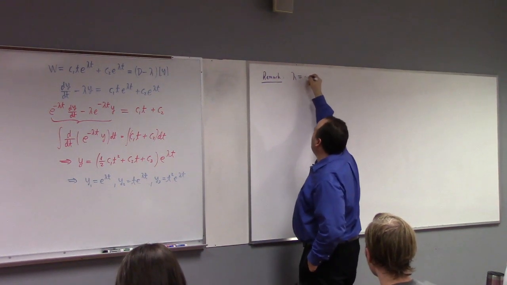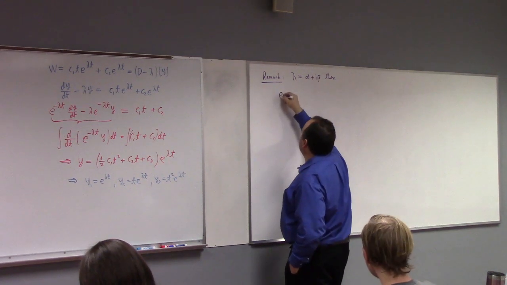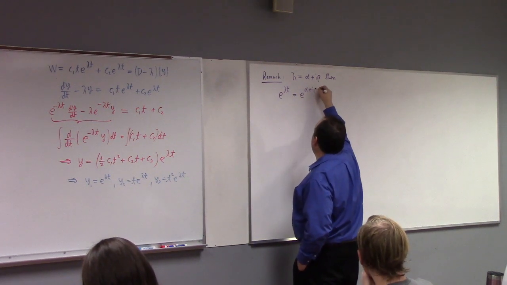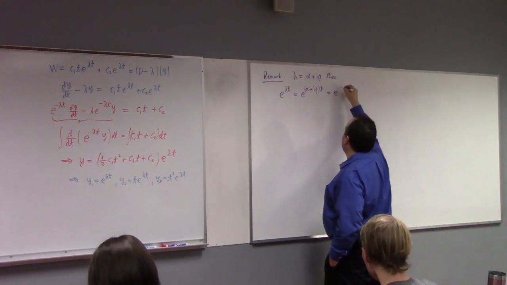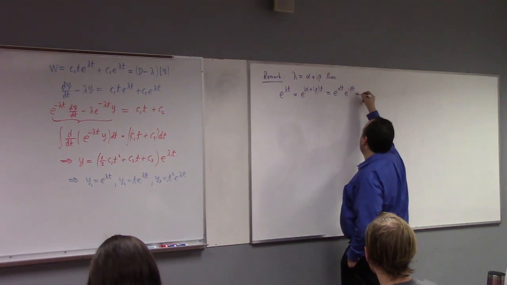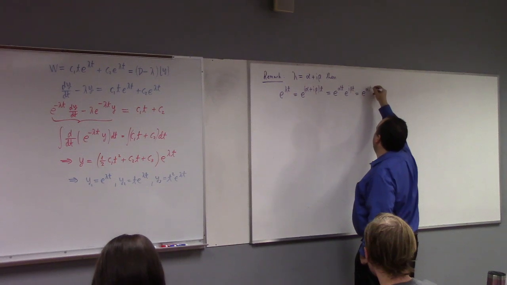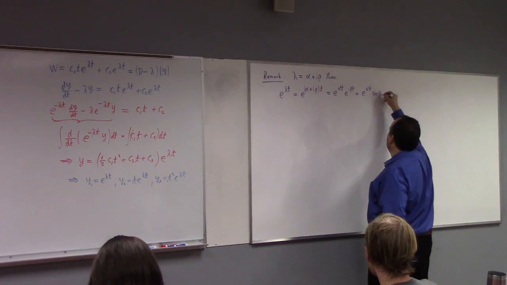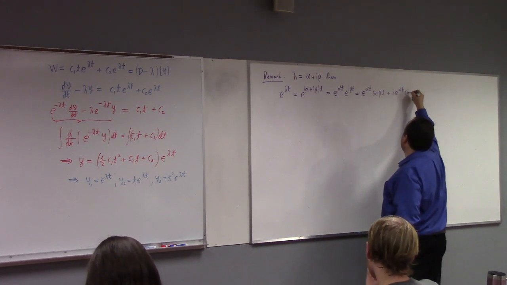If lambda is equal to alpha plus i beta, then e to the lambda t is e to the (alpha plus i beta) t. And that is e to the alpha t times e to the i beta t, which we can work out as e to the alpha t cosine beta t plus i e to the alpha t sine beta t.